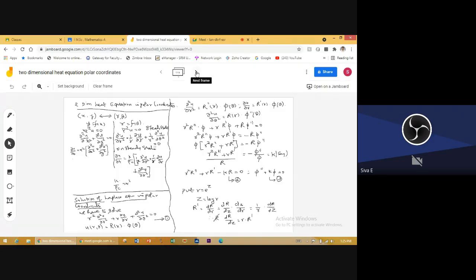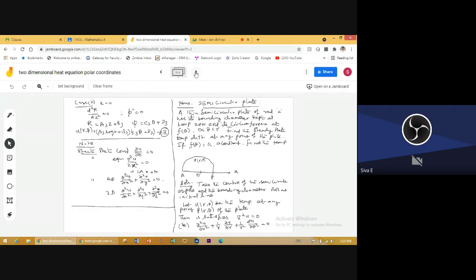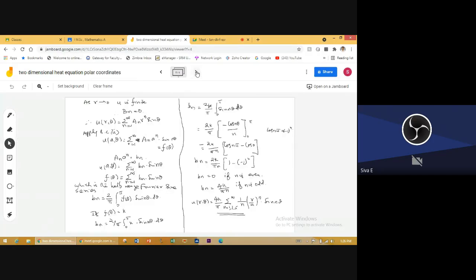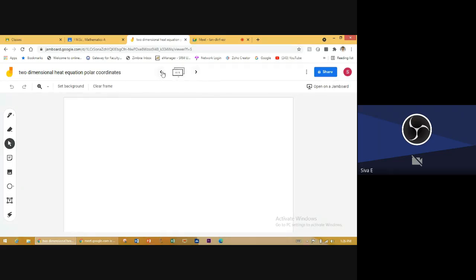That was given in the class, and then we discussed what the possible solutions are. So we are discussing the problems in a semicircular plate. The next problem is also one problem in a semicircular plate only.